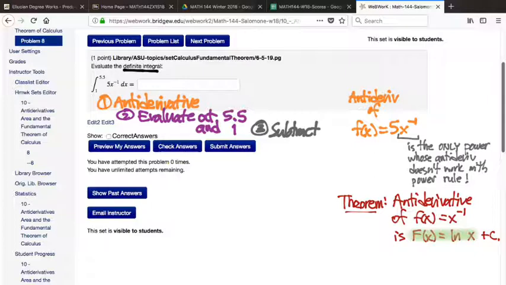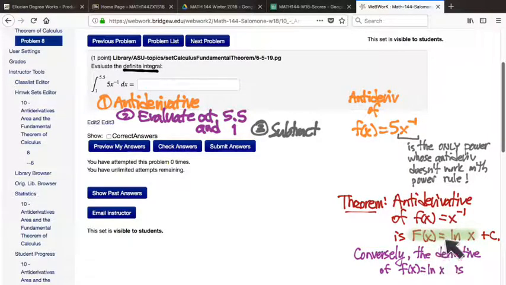The flip side of this is that if this is the antiderivative relationship, there's also a derivative relationship that goes the other way. Conversely, the derivative of the natural log function. So the derivative of f of x equals ln of x. What would you predict the derivative would be, given the theorem written here?